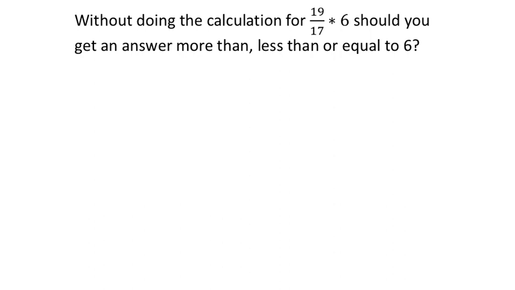Should you get an answer more than, less than, or equal to 6? Well, I look at this fraction right here, or the factor rather. I'm relating it to the 6, so I know I'm relating it to 6. I look at the other factor, 19/17. Well, that one right there is an improper fraction.